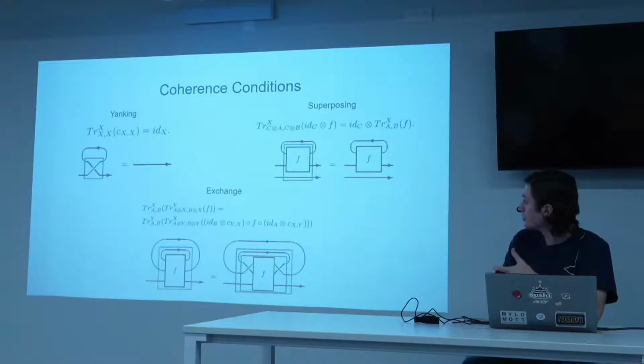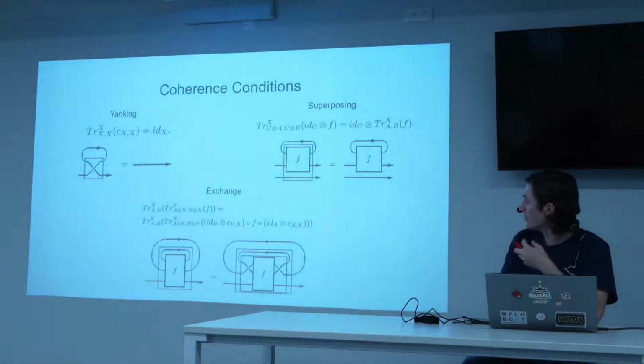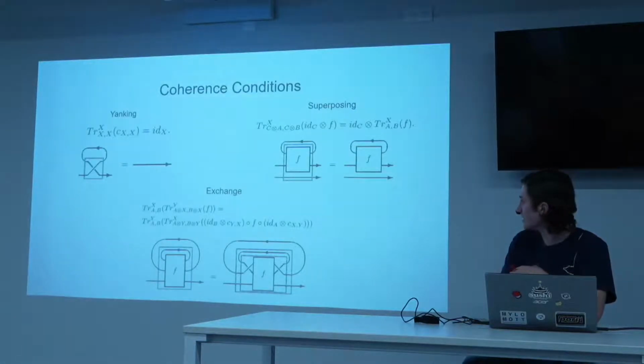With superposing, if you take the trace of your function tensored with the identity object, then that's the same as tensoring your traced function with an identity object.